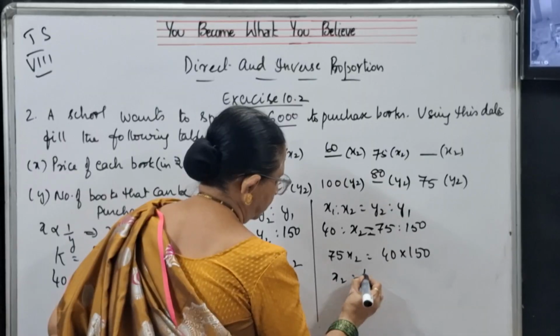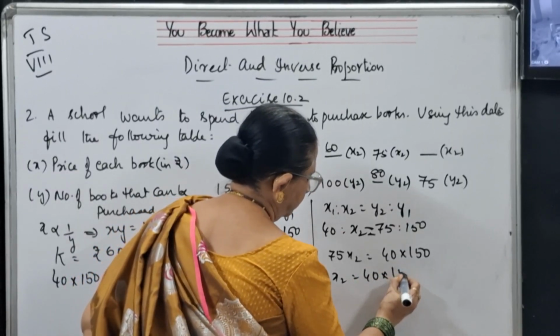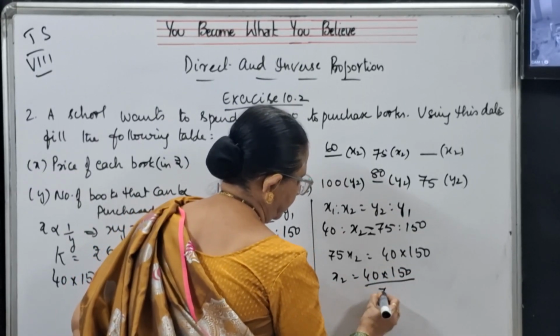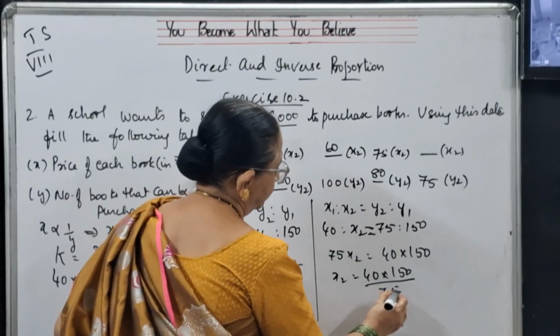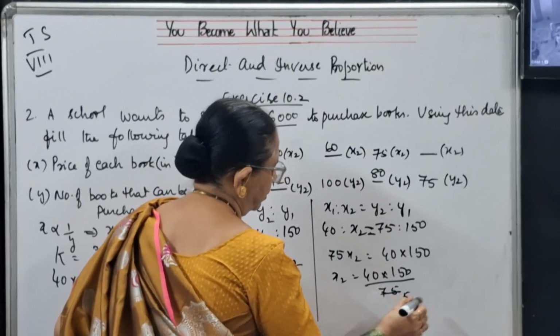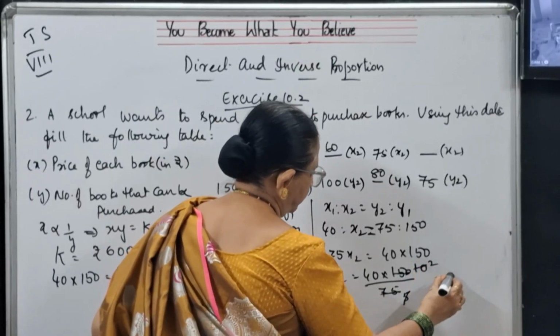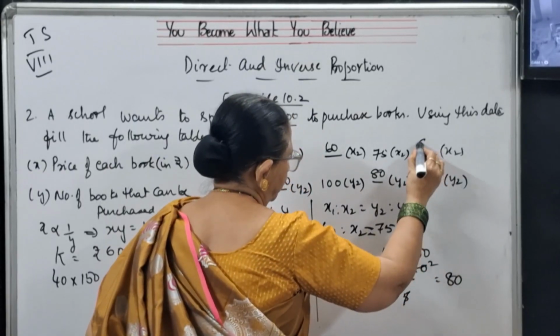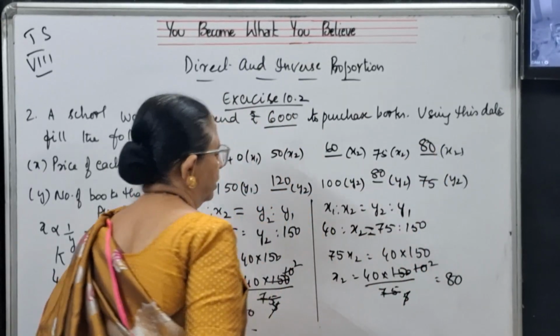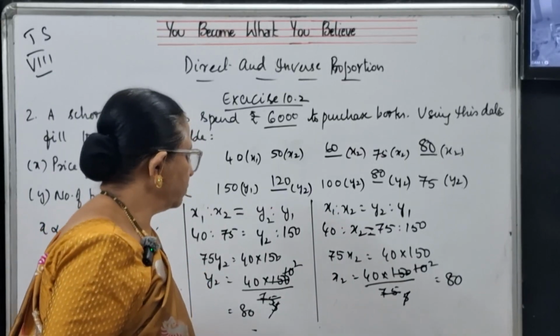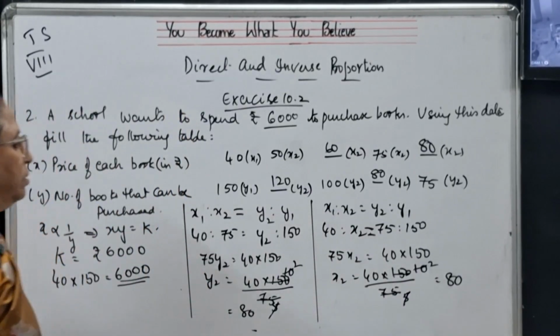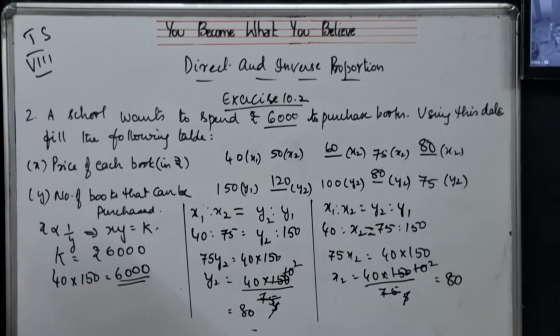What is x2? 40 into 150 by 75. 15 5s are 75, 15 10s are 150, 5 1s are 5, 2s are 80. So this is also 80. That is your answer, children. So here, please note it down.